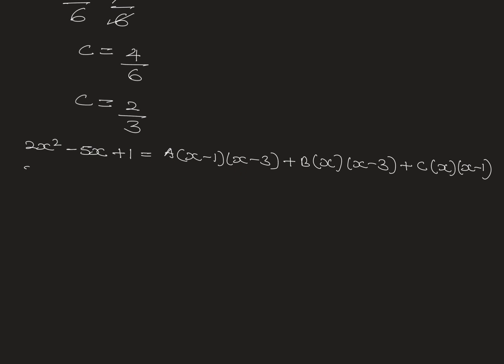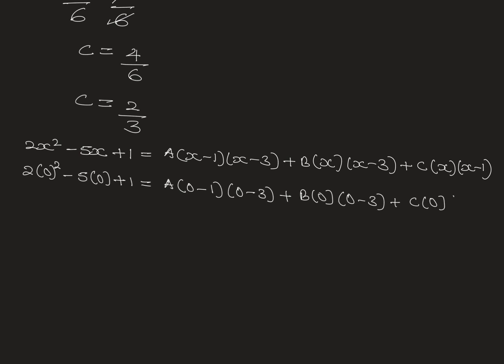So that will be 2 into 0 squared minus 5 into 0 plus 1 is equal to a into 0 minus 1 into 0 minus 3 plus b into 0 into 0 minus 3 plus c into 0 into 0 minus 1.